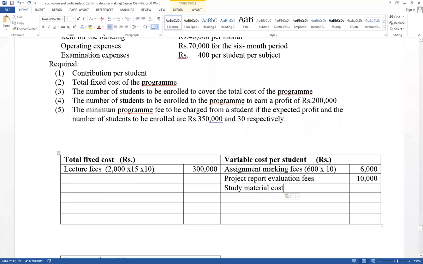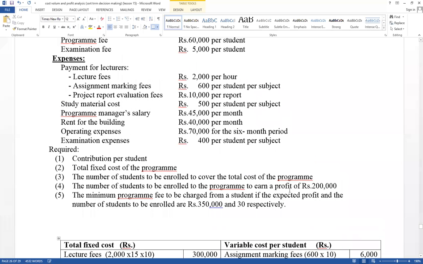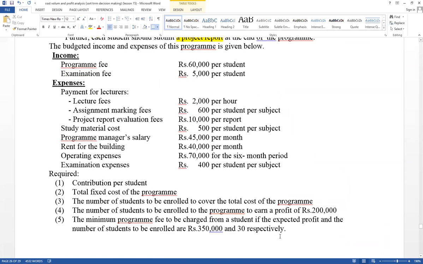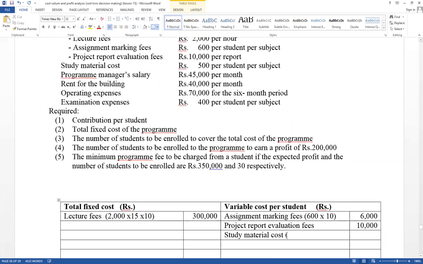There are 10 subjects available. Therefore, 500 into 10. That is the study material cost per student. You have to calculate per student. The study material cost is given as 500 per student per subject, but there are 10 subjects, therefore 500 into 10. This is the study material cost per student.